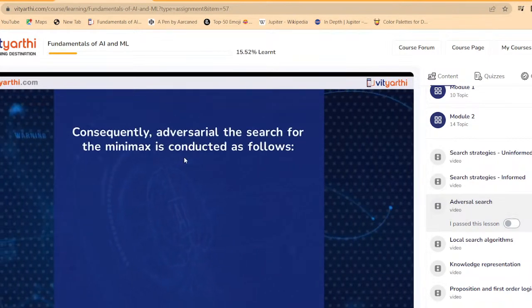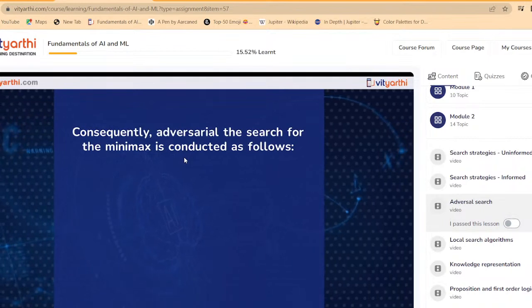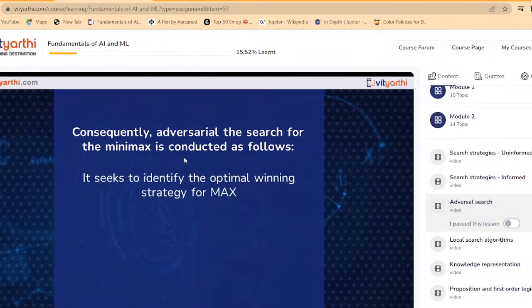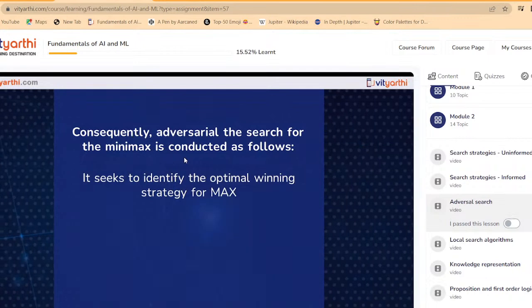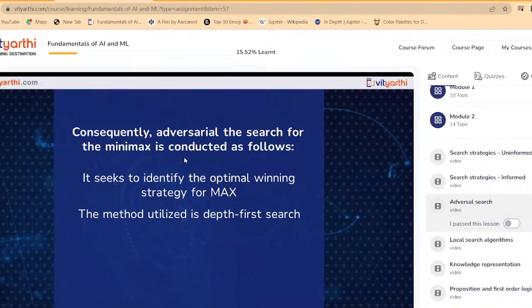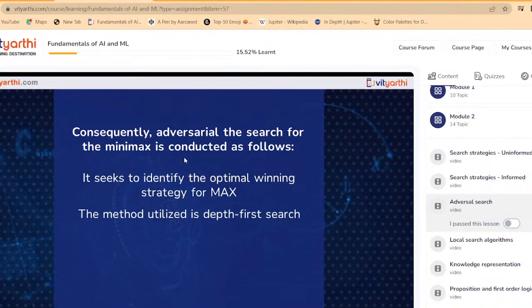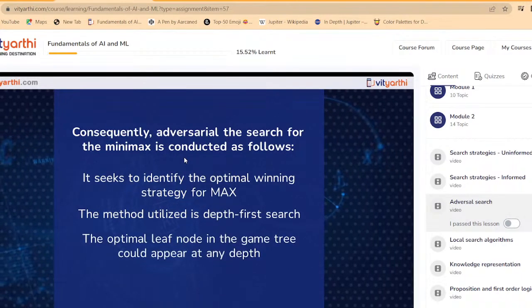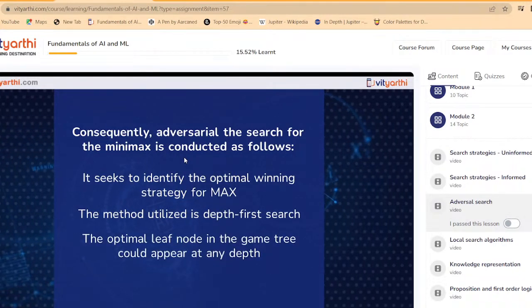Consequently, adversarial search for the minimax is conducted as it seeks to identify the optimal winning strategy of maximum. The method utilized is depth-first search. The optimal leaf node in the game tree could appear at any depth.